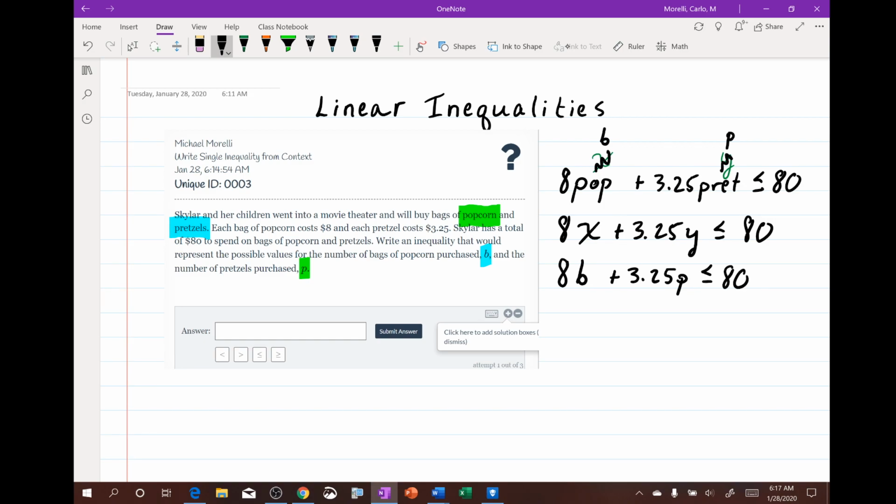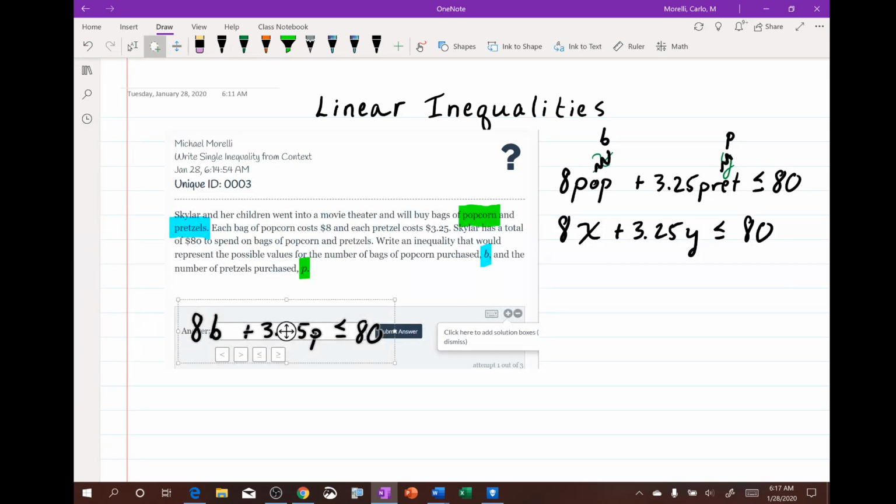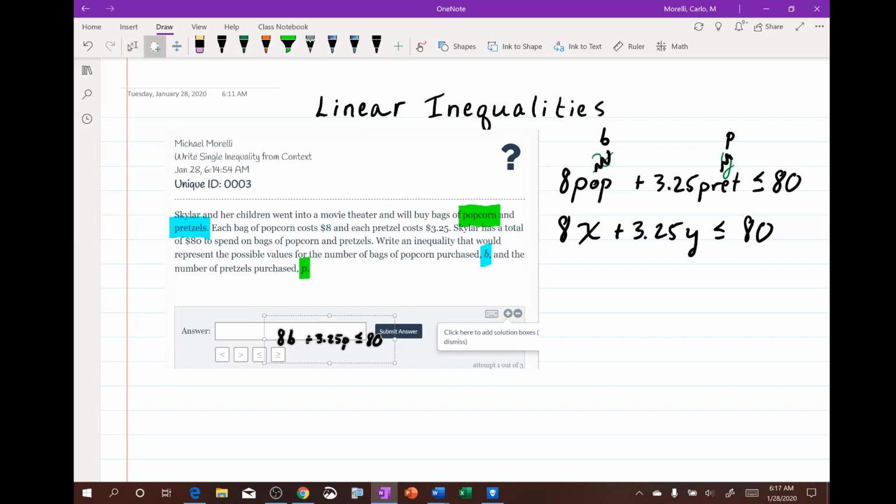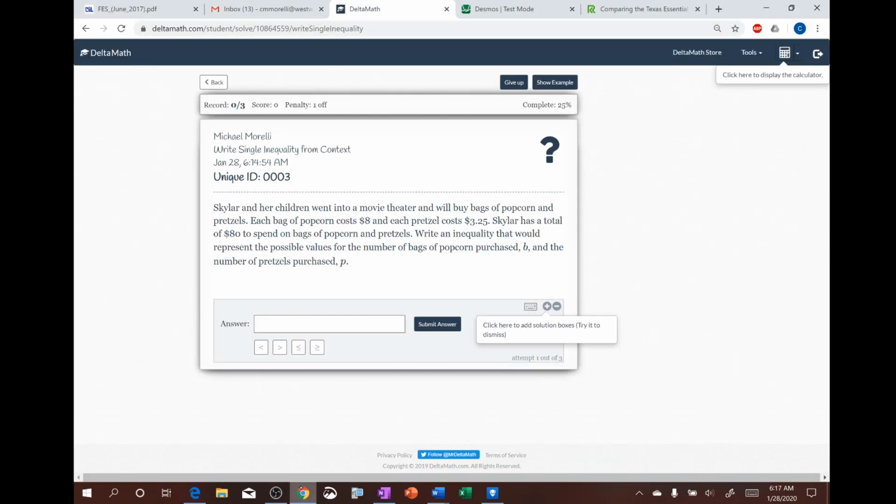And that's what we'll put here. This answer is what you're going to type into your solution box in here. So that's your task to go put that in. So 8b plus 3.25p less than or equal to 80. Let's do that.